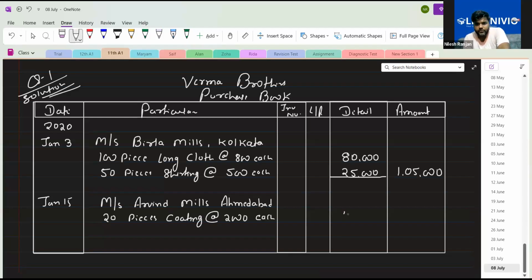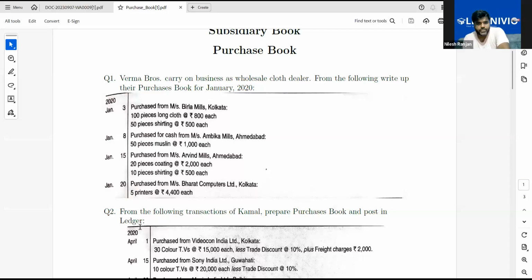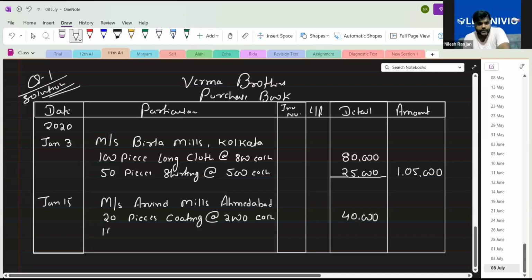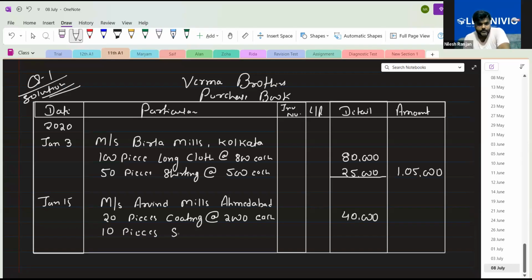It will be 40,000. Then 10 pieces shirting at the rate 500 each. So it will be 5,000. So 45,000 here.